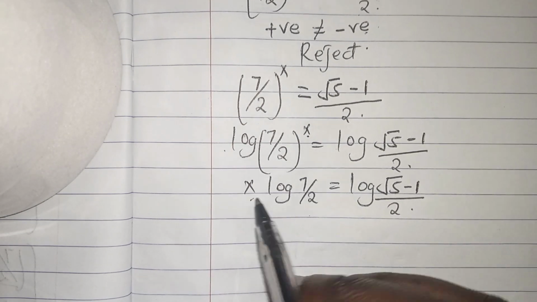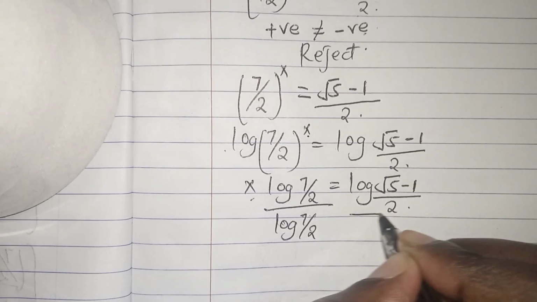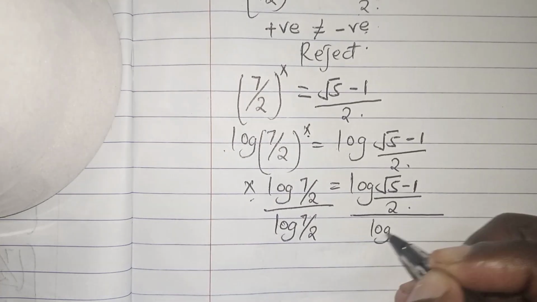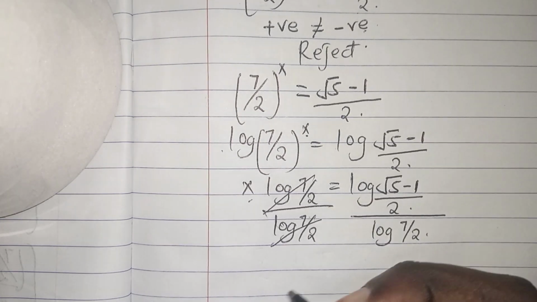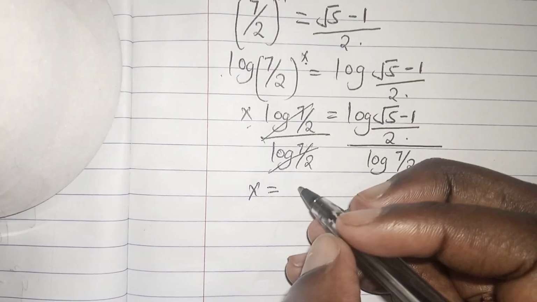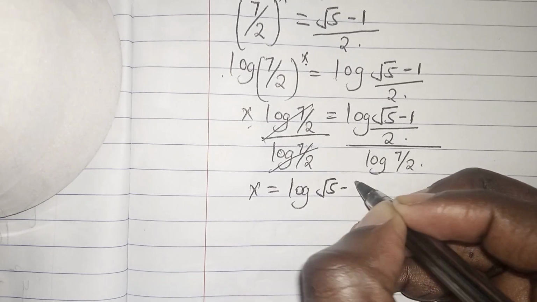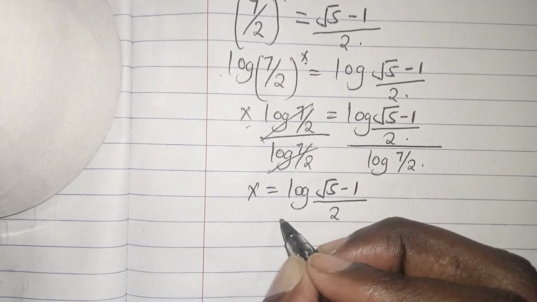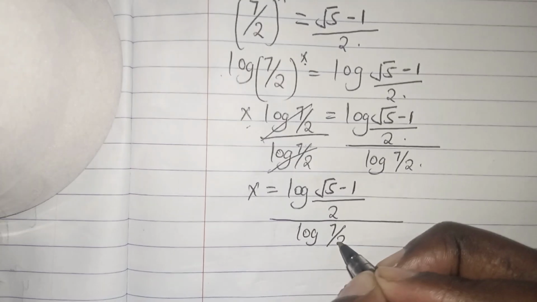So to remain with x, we are going to divide both sides by log 7 over 2 and this side by log 7 over 2 as well. So this and this will cancel out. x is equal to log square root 5 minus 1 over 2 over log 7 over 2.